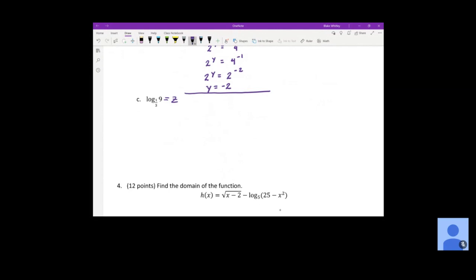Okay, so 1/3 to the z should be equal to 9. All right, so now we got to work on getting the same base on both sides. So what do you think we could try first?